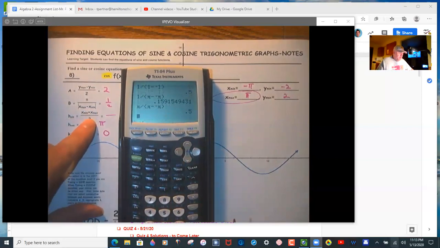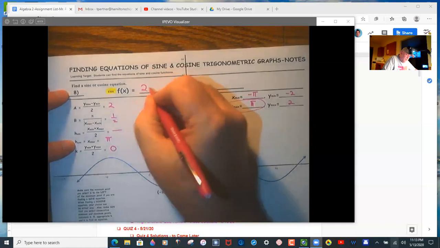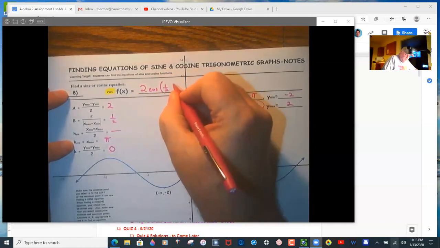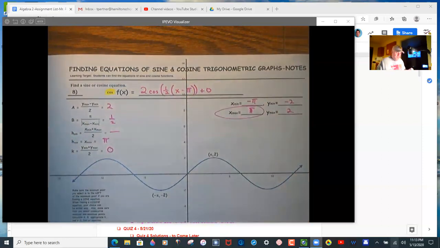It's just that when you do the h sign here, you're going to have to leave pi out. All right, so 2 cosine of 1/2 times x minus pi, 2 right parentheses plus 0.